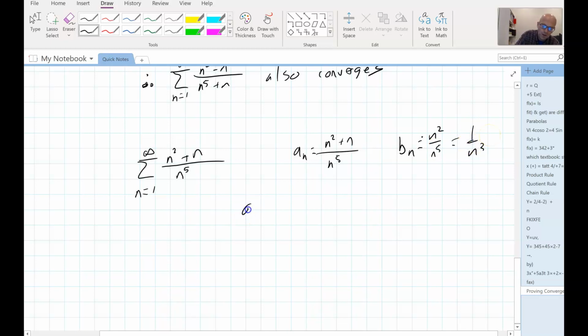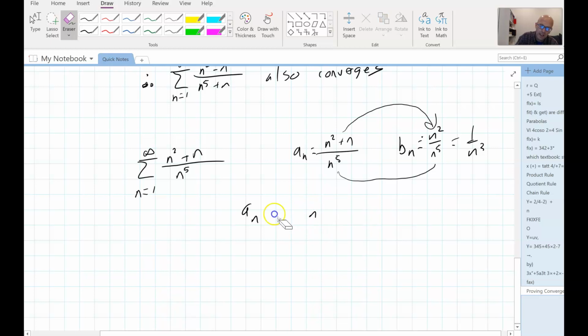Now when we go to show that a sub n is less than or equal to b sub n for all n, or maybe for some certain n, this becomes a lot more troublesome, because notice the bottom is the same and the top is actually bigger. And that's a bummer. So I'm not going to be able to establish this.